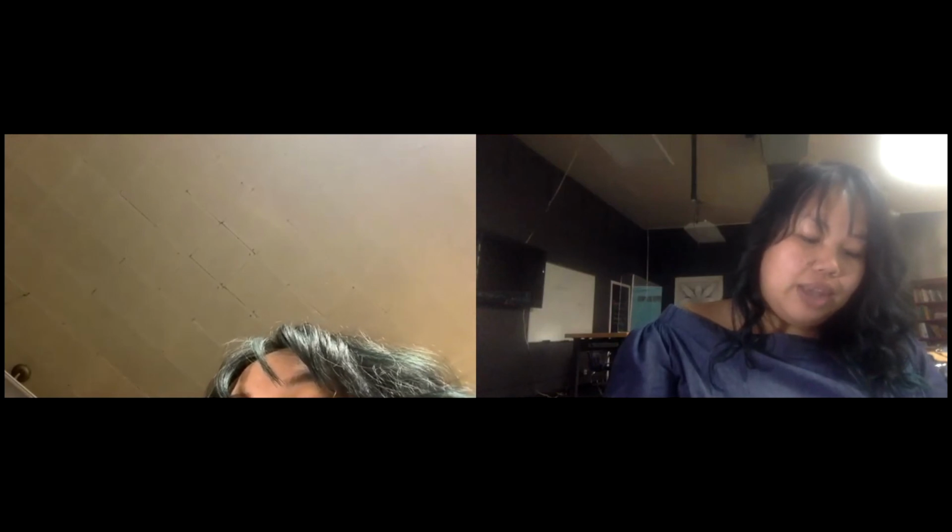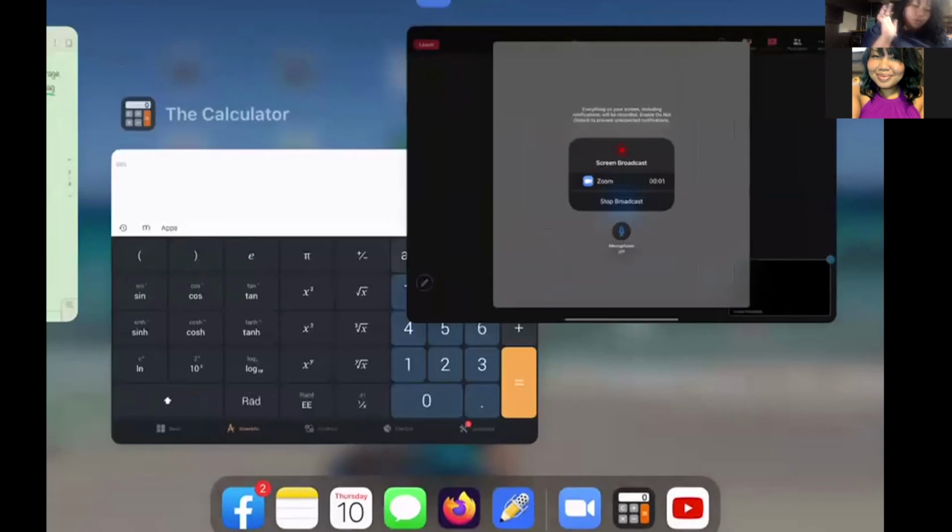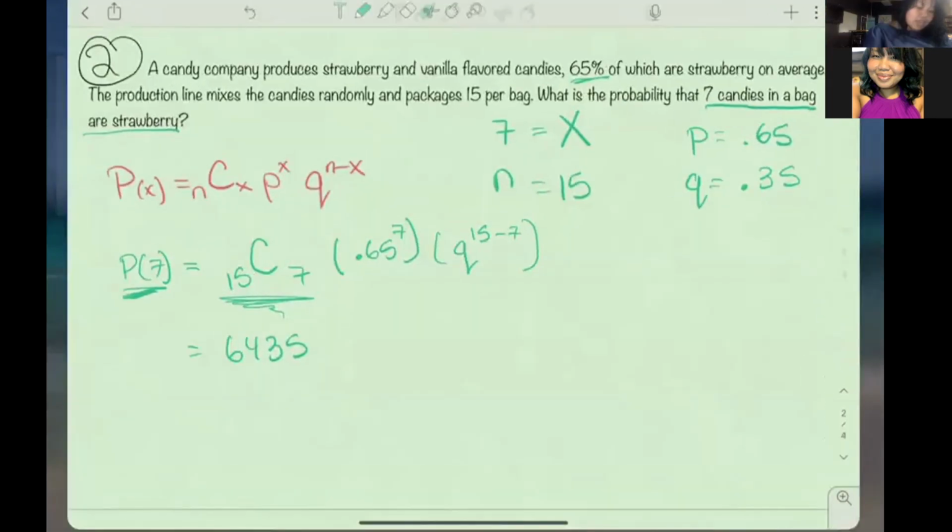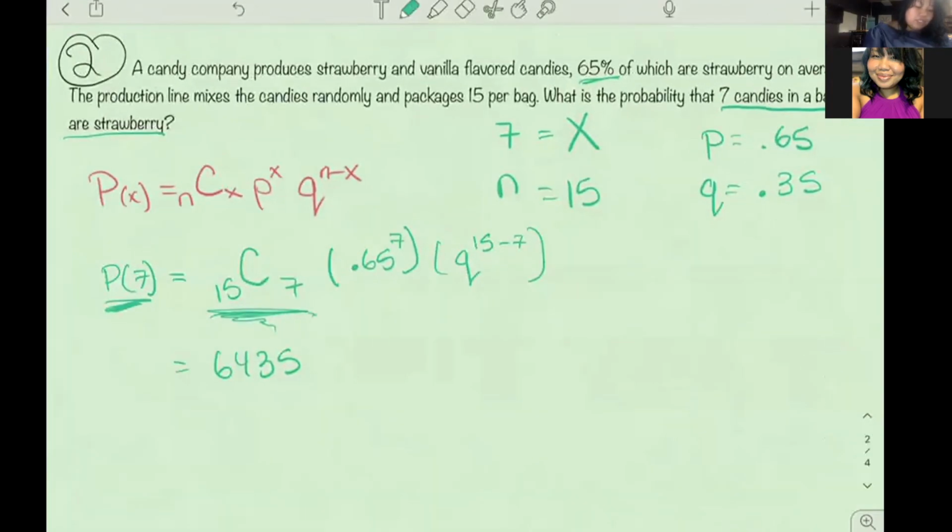So now what we're going to do is find the others. I'm going to broadcast the calculator so we can find the other ones. So just so you're caught up, we found 15 combination 7, which is 6,435. Now we need to find this and the other one. So this is 0.65 to the power of 7.